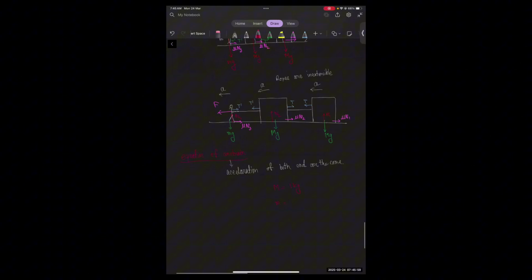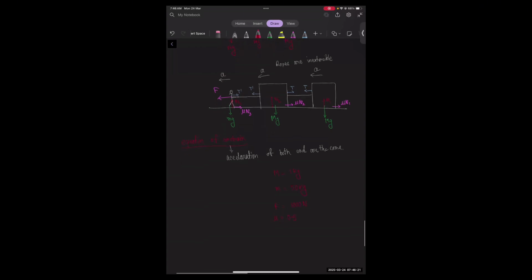Small m is given by, let's say, 50 kg. The applied force, let's say, is 1,000 newtons. And another thing, we know that mu is, let's say, 0.5. All right.